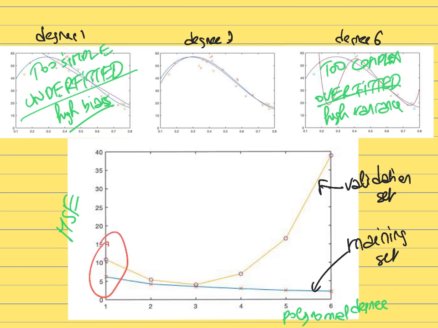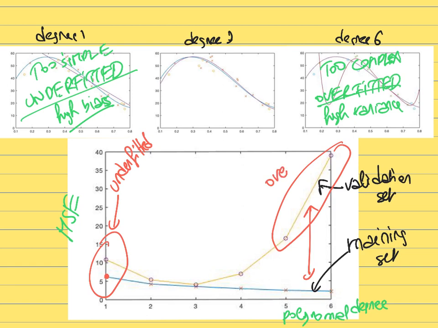When you have a model like this that is predicting a pretty high RMSE even for the training set, like here we have a training set error that is pretty large, then this is a signature of an underfitted model that does not manage to properly interpolate the training set. And then when you see something like this, when you have a big gap between the validation set and the training set, then you have a model that does not generalize well.